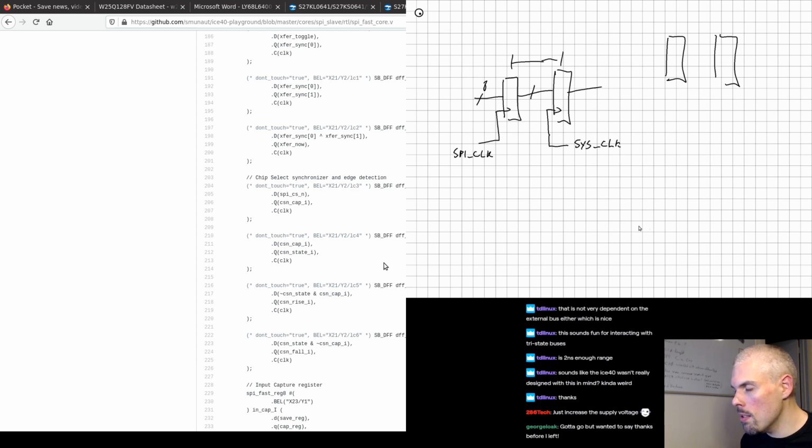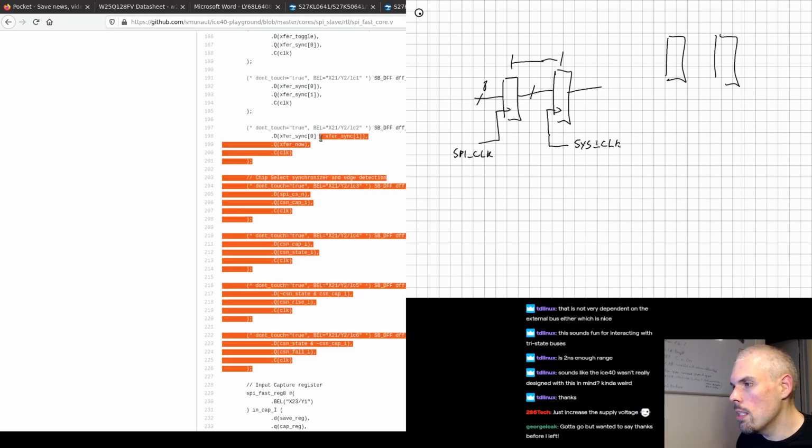And the other reason that I had to do that is because in that design, I couldn't use the IO registers. Like, you know, I just spent like 1 hour and 45 minutes explaining why you should always use the IO registers. And here I don't.